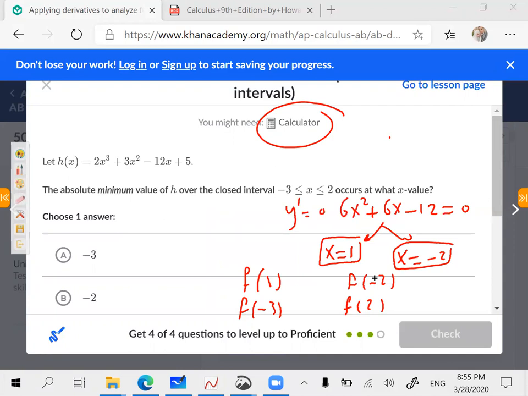Calc 1, the answer minus 2 here. Calc minus 2, the answer 25. Calc, because time is very important in the official exam. Calc 2, the answer equal 9. What's the absolute minimum? The lowest value, minus 2, occurs at x equal 1.